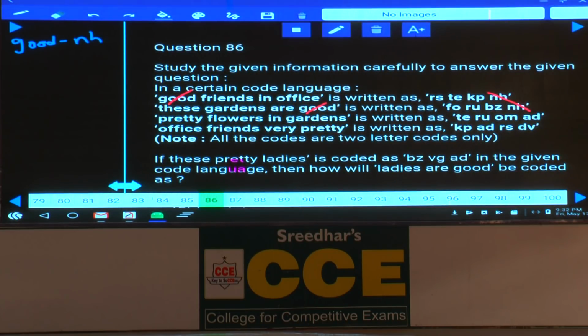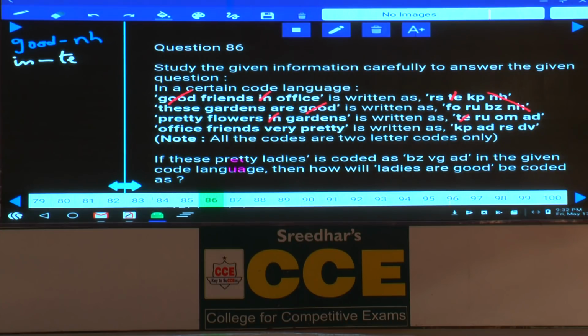Compare the first and the third. Friends in office. In is the word which is common between these two, and the code which is common between these two is RSTEKP. T is the term which is common, hence in is TE.